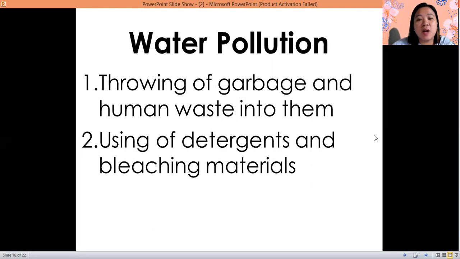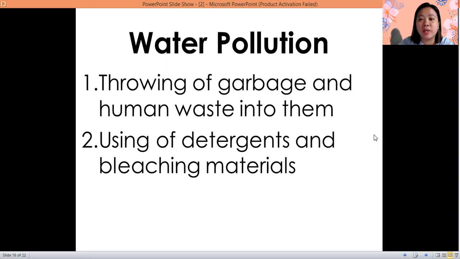All right. Now, let's proceed to our water pollution. So what is the cause of water pollution? Of course, again, throwing of garbage and human waste into the water. Okay, so please do not throw your garbage sa water, and also the human waste, yung mga pupu natin, di ba, yung ibang tao ginagawa ito.